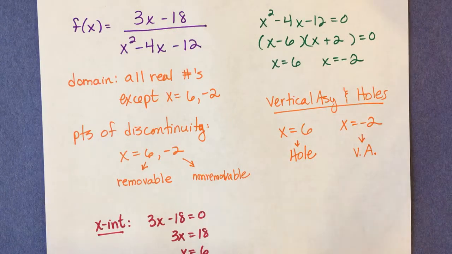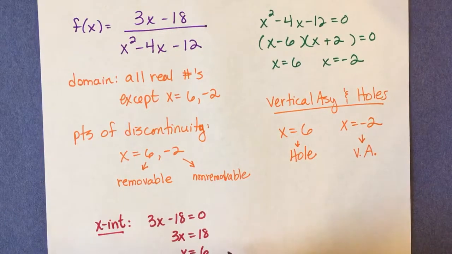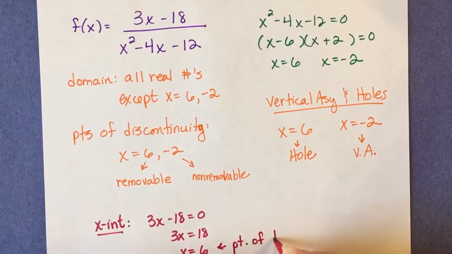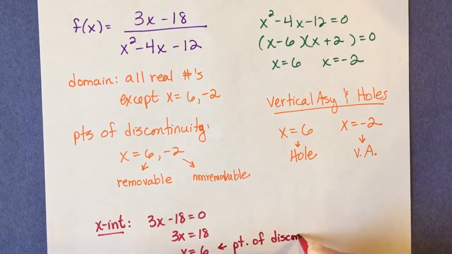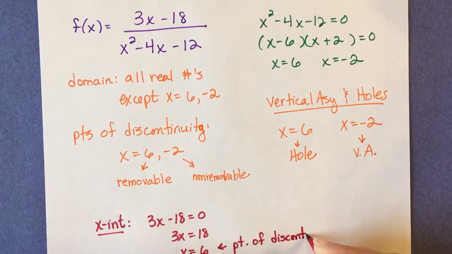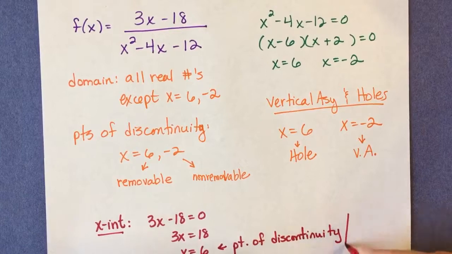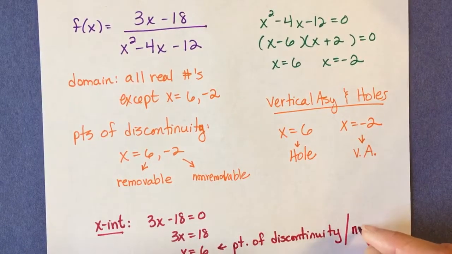Well, remember, a hole is just a little open circle in your graph, so there's no way that that can actually be your x-intercept. So because this is a point of discontinuity, then what you would have to say is there's no x-intercept.